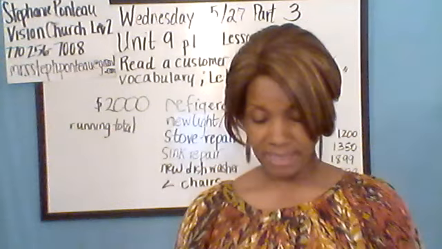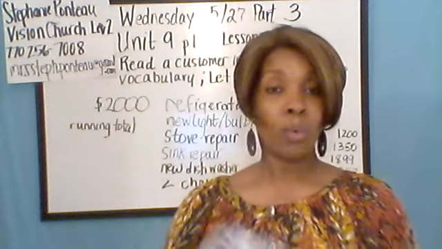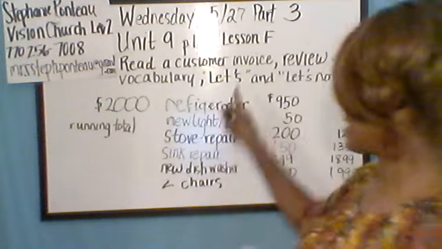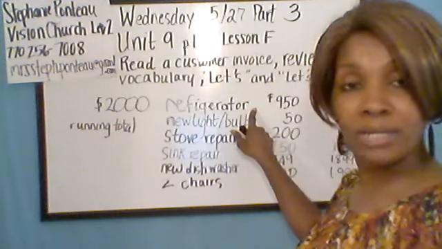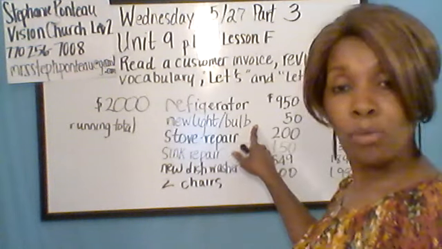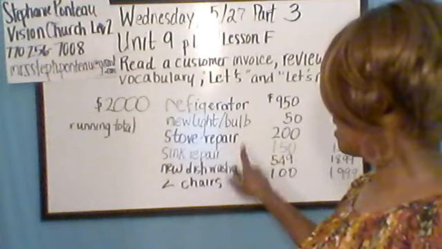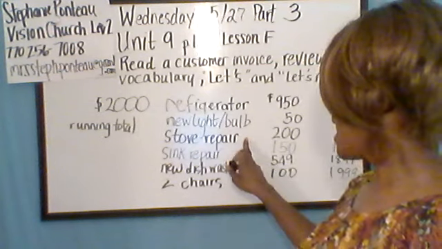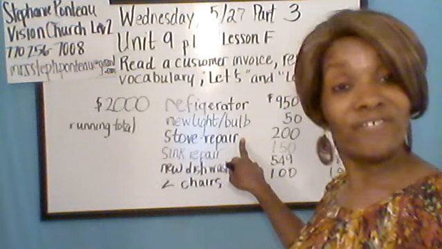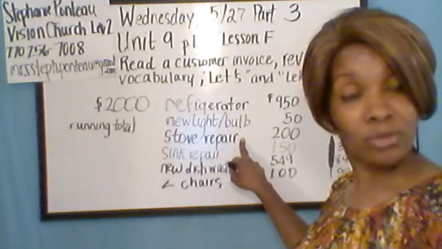But this activity was good for us having conversation, using let's and let's not. So I would say, let's buy a new refrigerator. Let's buy a new light and bulb. Let's buy a new dishwasher. Let's not buy a new stove. Let's fix our current stove.